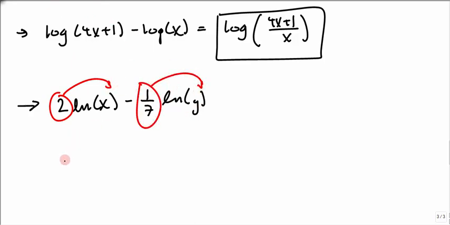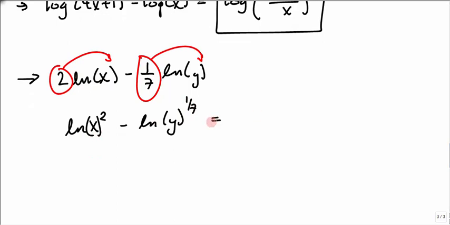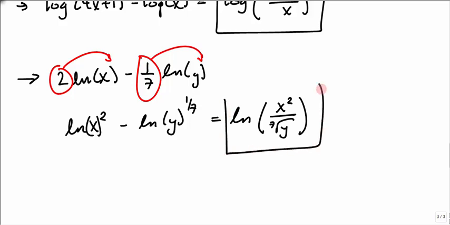So this would rewrite as the natural log of x squared minus the natural log of y to the 1/7. Okay, now so this is a difference. A difference of logs rewrites as the quotient. So this is a natural log of x squared over y to the 1/7, which is the 7th root of y. So again, another rewrite. You always want to rewrite these completely.